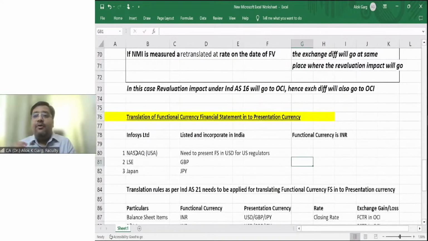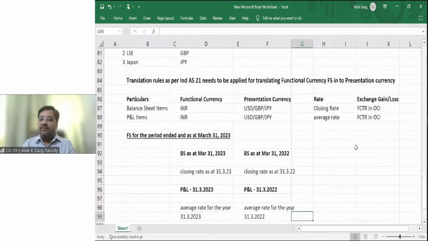Like we have talked about Infosys. Infosys is an Indian company, but since it is listed in the US, they need to file their financial statements in US dollar as well, right? So in this case, no foreign currency transaction is there, but still they need to convert their financial statement from a functional currency to a different presentation currency, right? Is that clear? Okay.